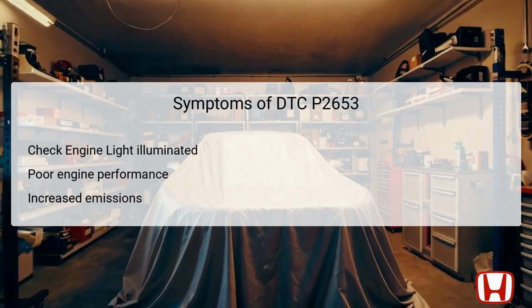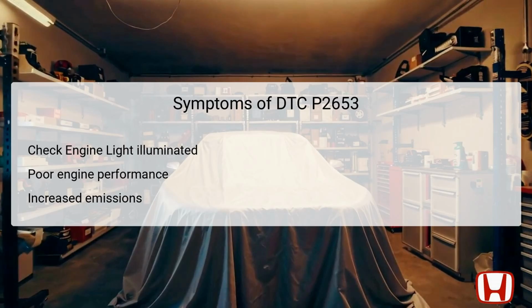The presence of DTC P2653 can trigger several noticeable symptoms in the Honda Pilot. Most prominently, the check engine light will illuminate on the dashboard, alerting the driver to a potential issue. Additionally, drivers may experience poor engine performance, including reduced power during acceleration or irregular engine idling, which can significantly affect the driving experience.